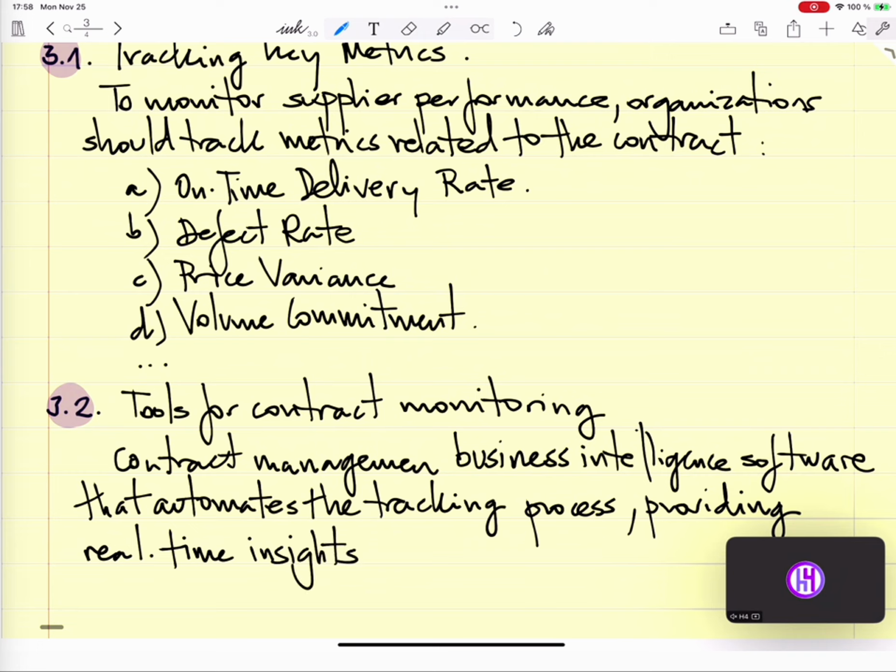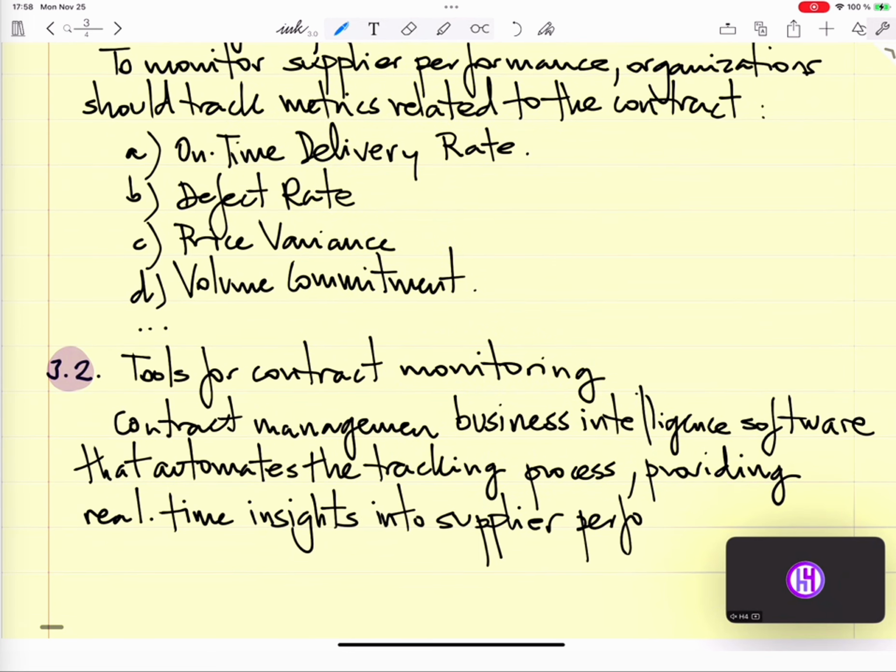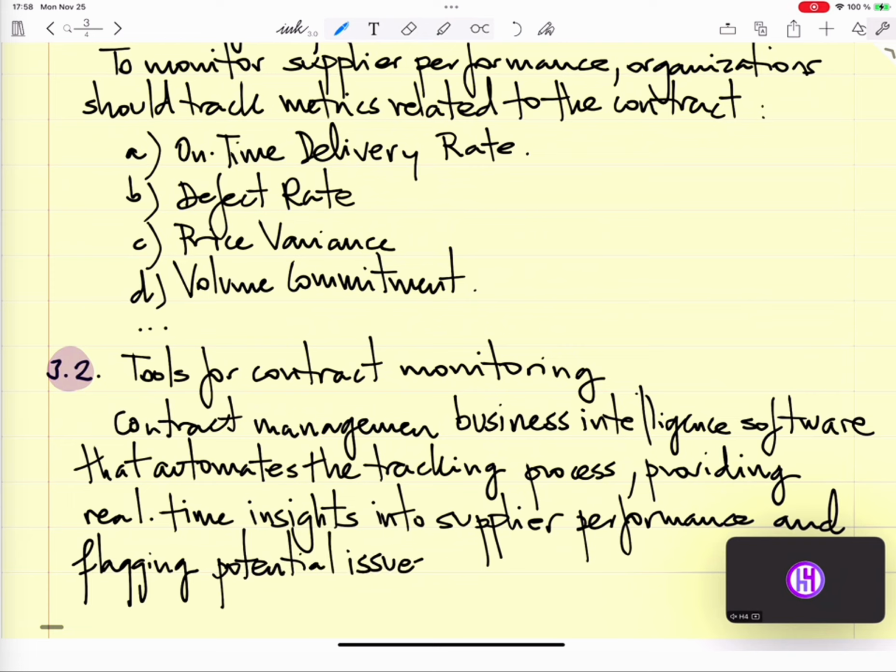providing real-time insights, okay, into supplier performance, and flagging potential issues.